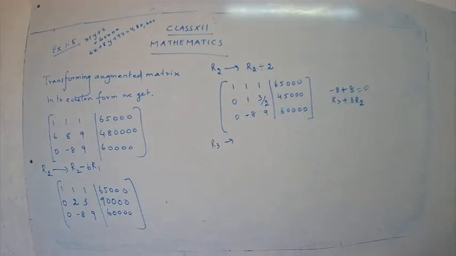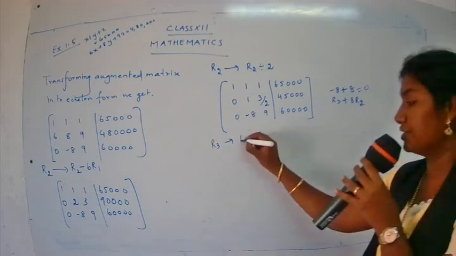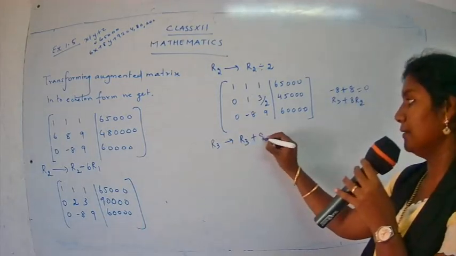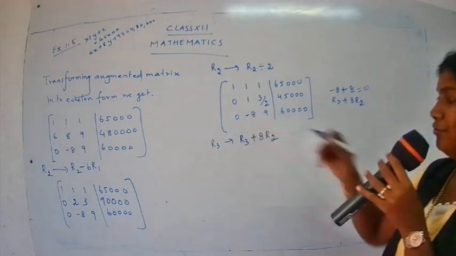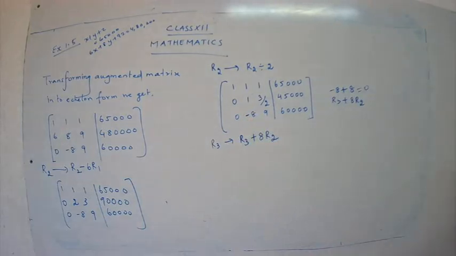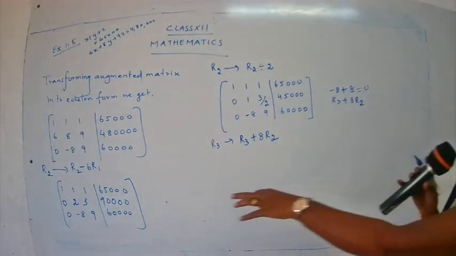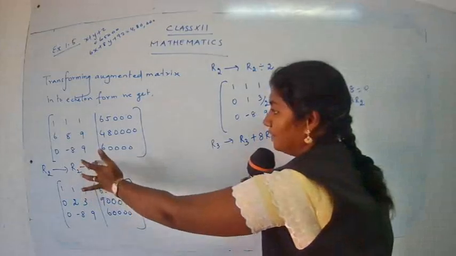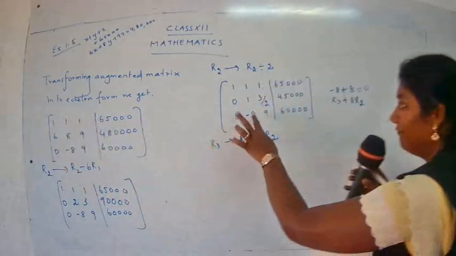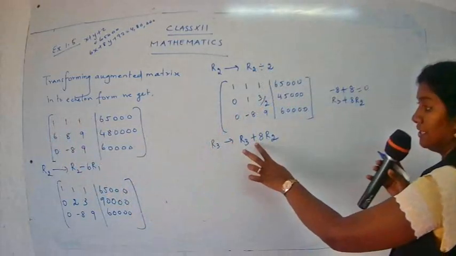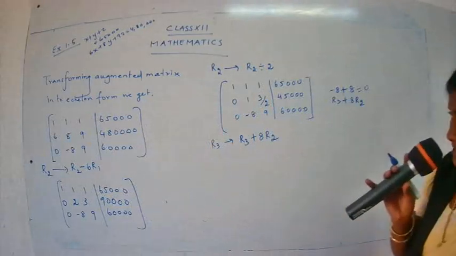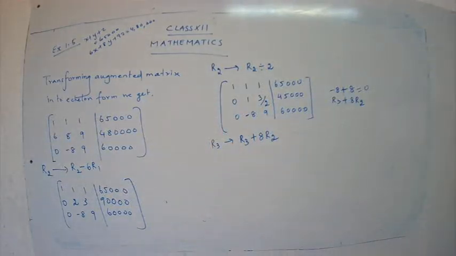R3 plus 8 R2 will give you 0. So R3 changes to R3 plus 8 R2. When you have a plus sign, you put minus, as we used in the first conversion, R2 minus 6 R1, because plus was there. Here we have minus, so you put plus, so that you get the answer as 0. Okay, let's do the conversion.